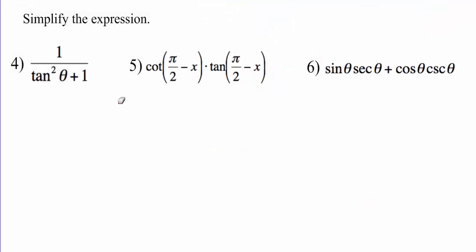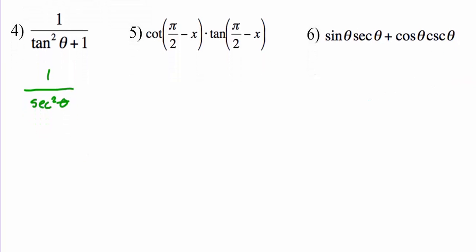As we continue to the next slide, we're going to continue looking at simplifying various expressions. So let's start with this one, number 4, 1 over tangent squared theta plus 1. Now, if you've been paying attention, that denominator, tangent squared theta plus 1, should look familiar because it's one of our Pythagorean identities. 1 plus tangent squared theta is equal to secant squared theta.